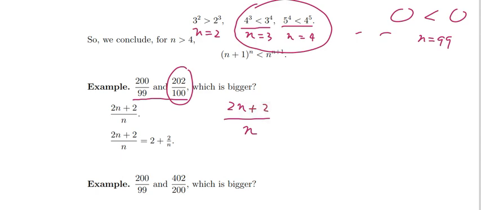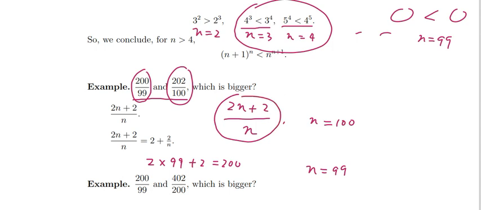So here n equals 100. And for this number, n equals 99, so this is 2 times 99 plus 2, which equals 200. So these two numbers relate to n equals 100 and n equals 99.